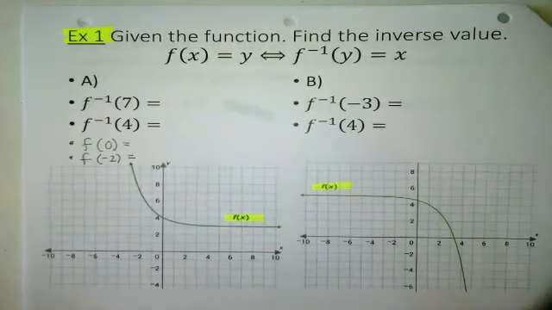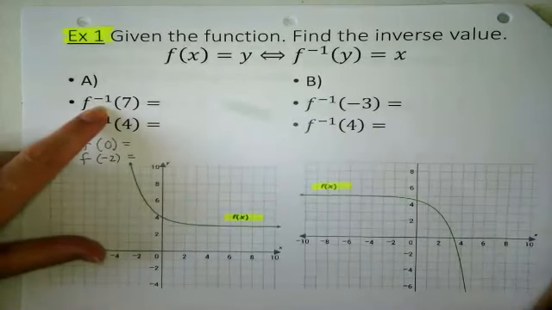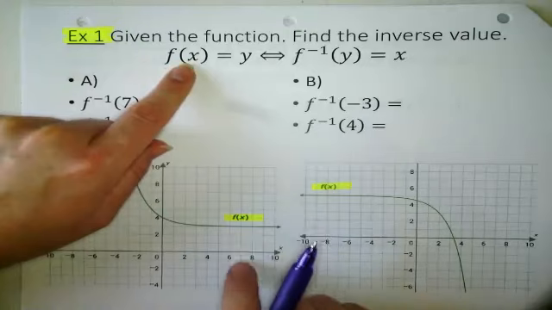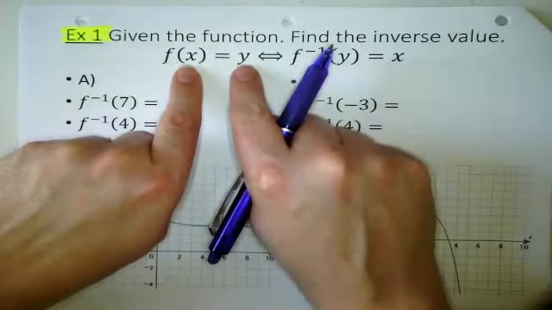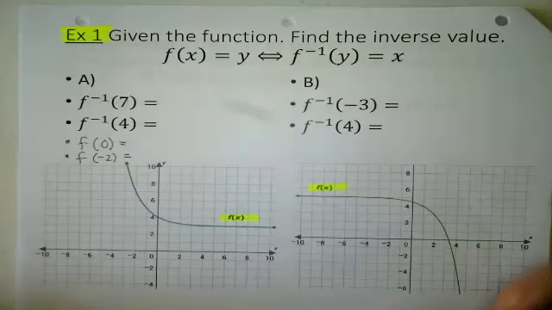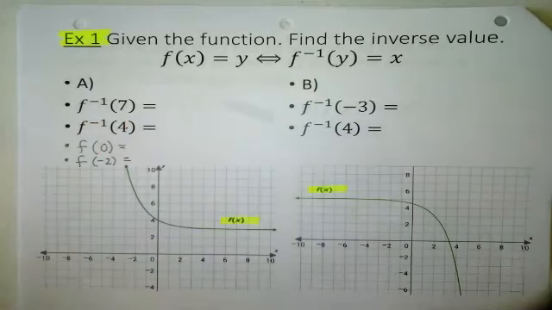They're giving me an original function, and we want to know what the inverse values would be. Normally, with the original function, we have an x value and an output y value. When they're using inverse notation, you can see what swapped here. They're just swapping the x's and y's. So with this knowledge, we can use our original graph. We don't have to draw a new graph, but we could if we wanted to.